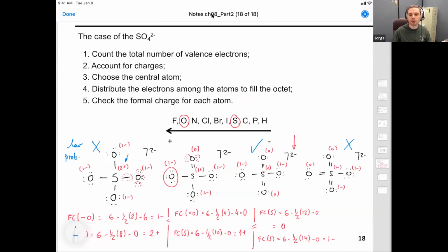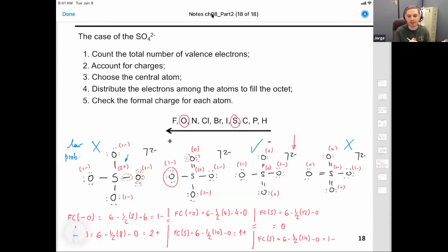The second structure is not so bad. However, the probability is low. It does exist, but in a small percentage compared with the third one. Therefore, using the formal charges, we can decide which of the possibilities is the best, which form will have a higher contribution for the structure of the compound.